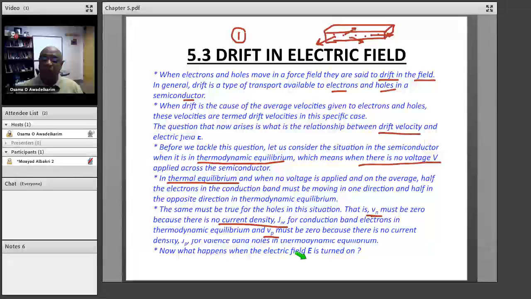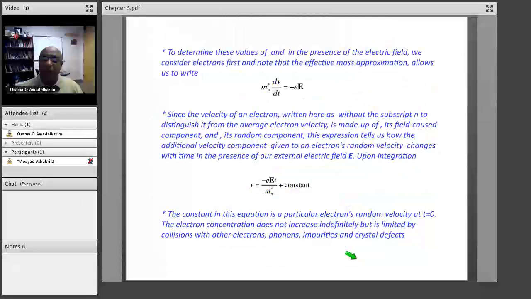Now we want to turn on an electric field. So what will happen with the electric field? Let's just talk about electrons, so we're talking about a semiconductor where we only have electrons. That is to say, an N-type semiconductor. We have some background holes, but their density is very, very small, so we might as well ignore it.